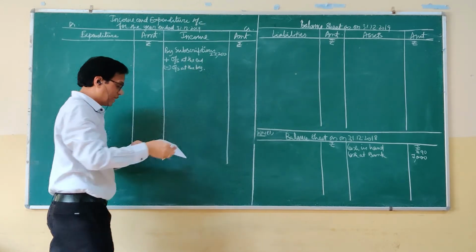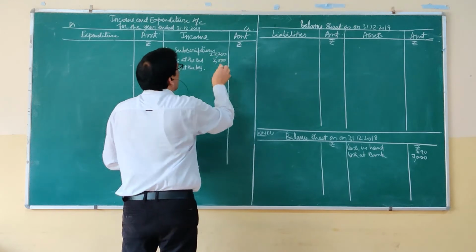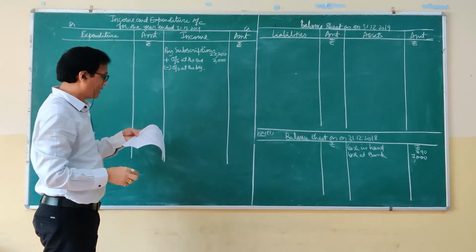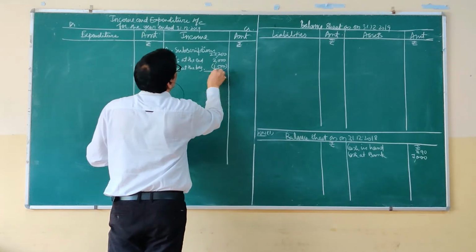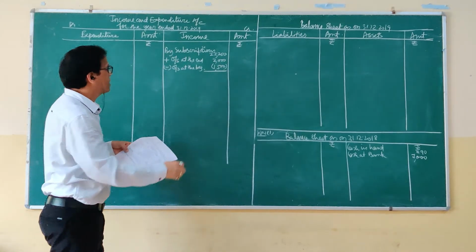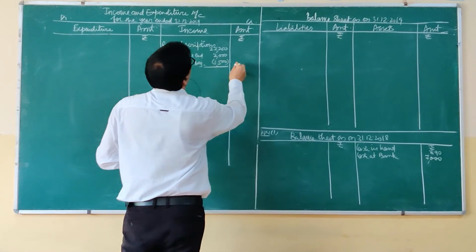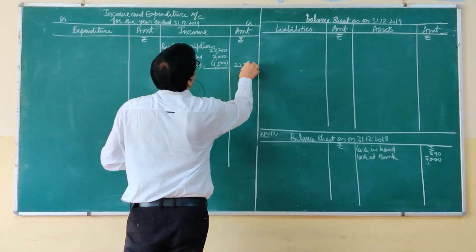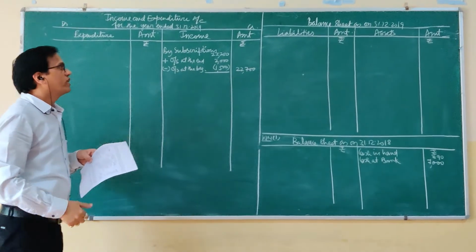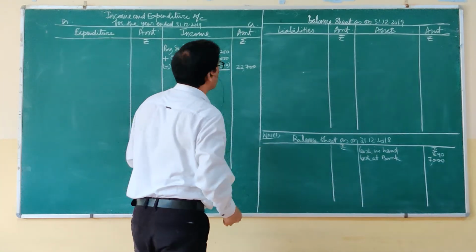So the outstanding at the end is 2,000 and outstanding at the beginning we have to subtract 1,500. So the total amount of this is 22 plus 2, 24,200 and minus 1,500, then it is 22,700. It is our total subscription for this current year.